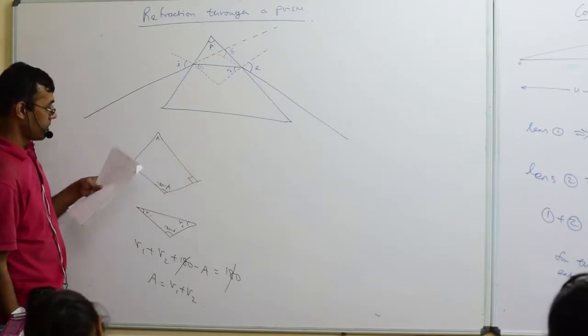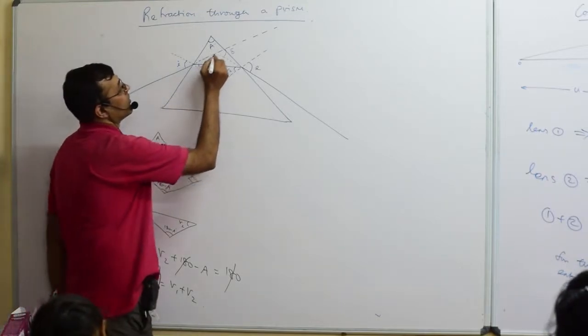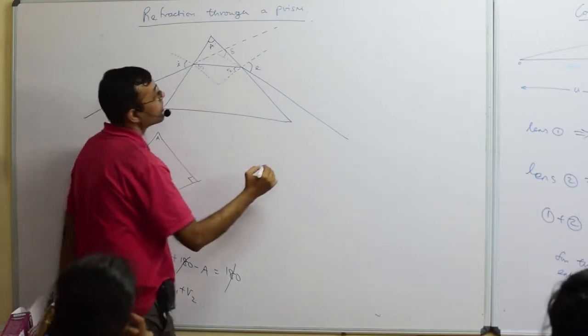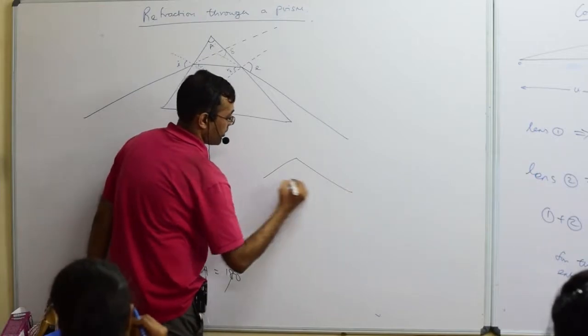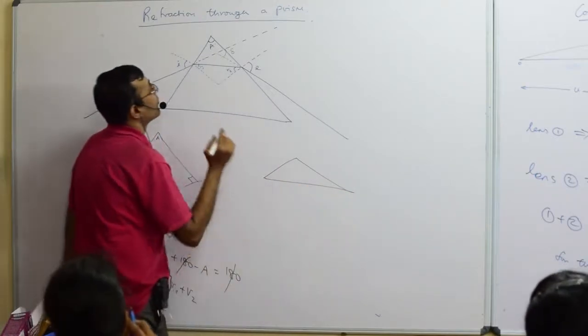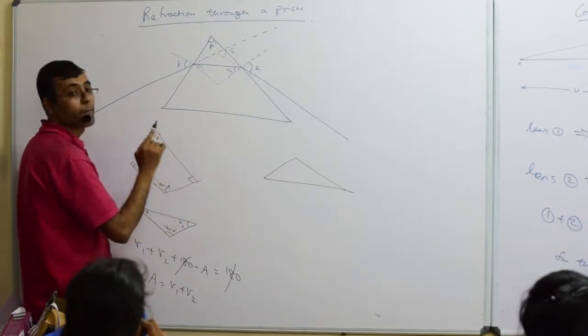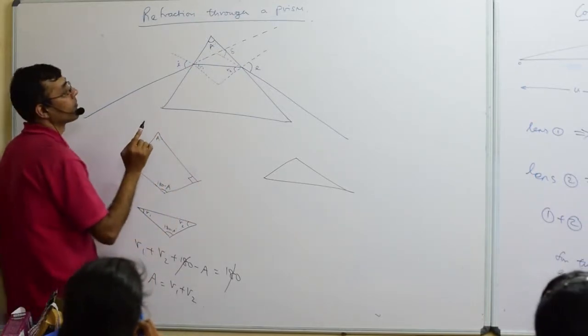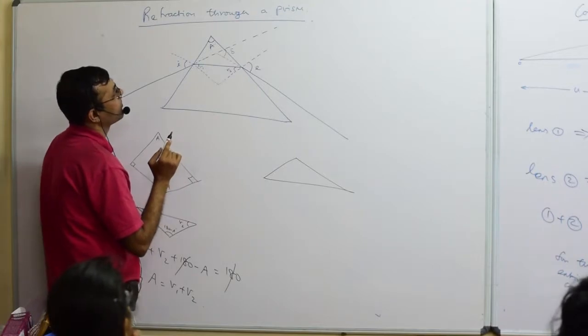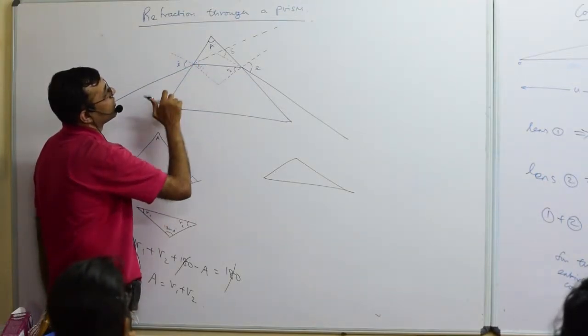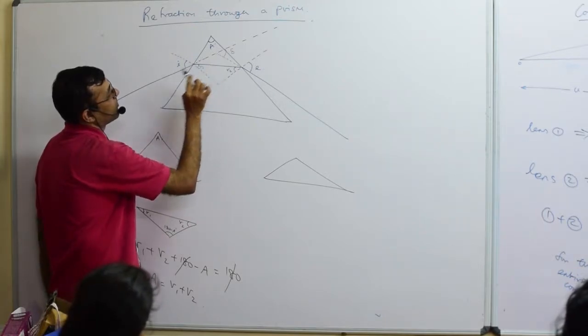So now we have to go to the other triangle. First we looked at this triangle, then we have to look at this triangle. If I see this triangle, what can you say about this angle? 90 minus R1 will give me this angle. I want this between this line and this line.